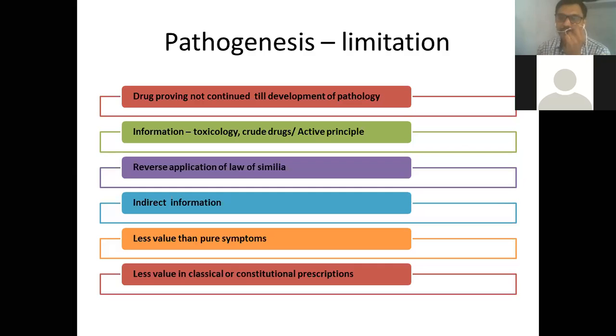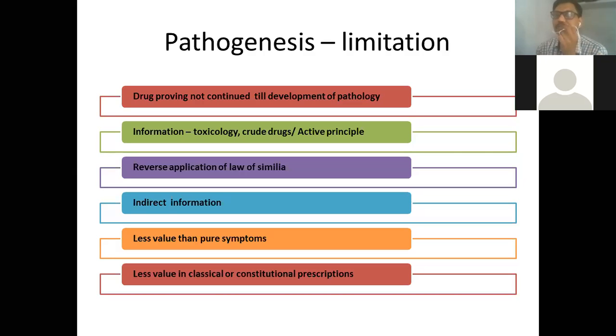That means first there was a symptom. So if the prover has developed symptoms of throbbing pain with redness and yellowish discoloration of a particular area of skin, the proving has stopped there.